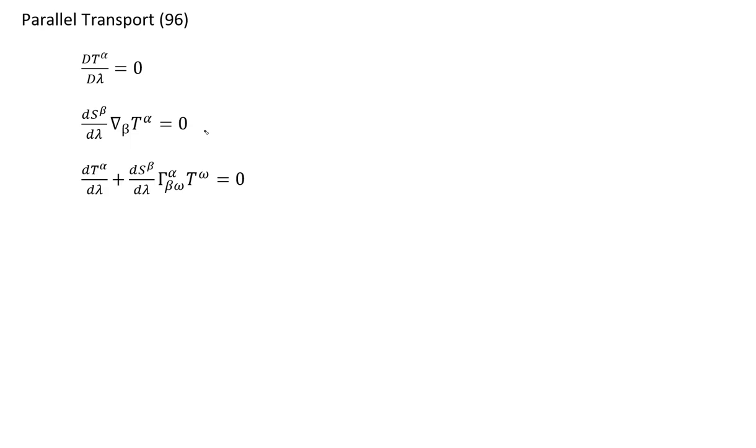Well, there's yet a fourth form that is useful in analyzing the incremental change of our vector T alpha as it is being transported in the direction of vector du beta. Well, the metric compatibility property tells us that the dot product between two vectors being transported together will remain constant.